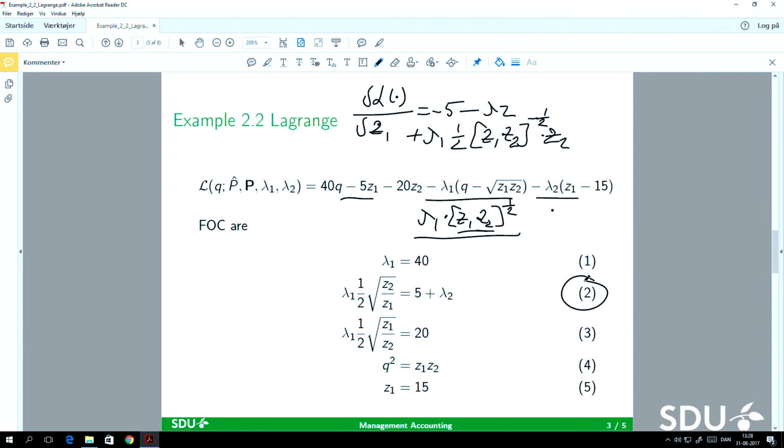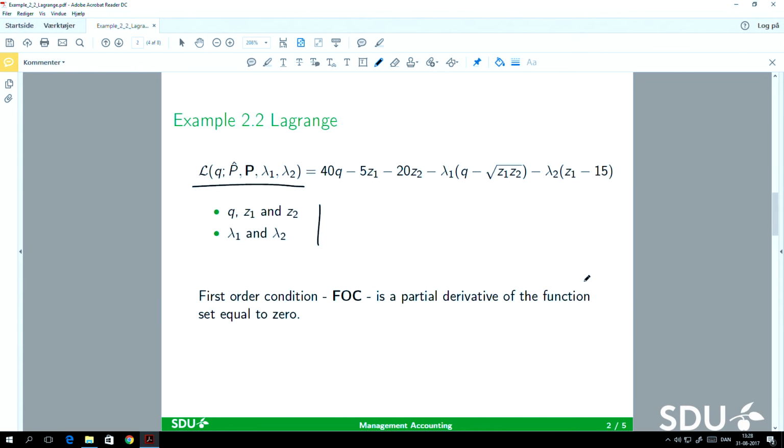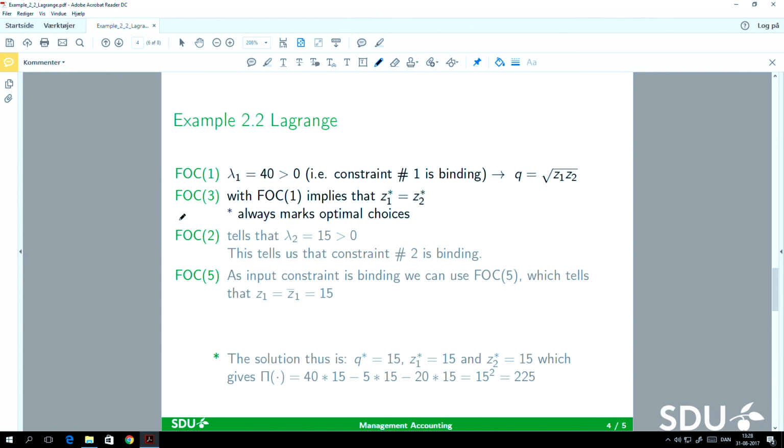Now we have the first order conditions. So how are we supposed to use them? Well, we need to solve this system of equations for the 5 unknown variables, our choice variables. First, notice that the first order condition tells us lambda 1 equals 40.